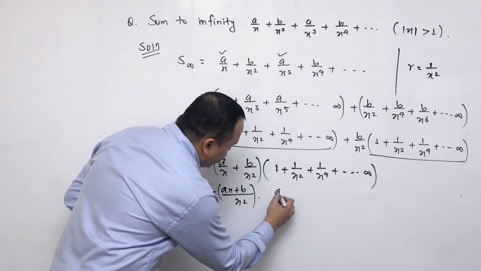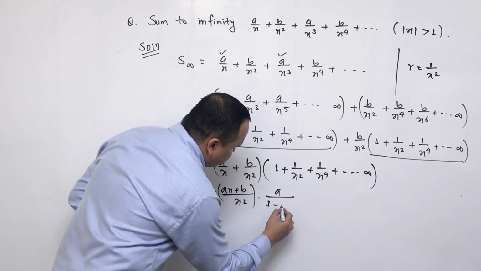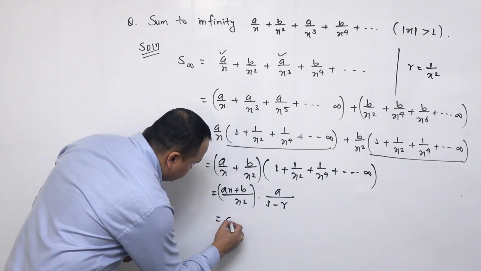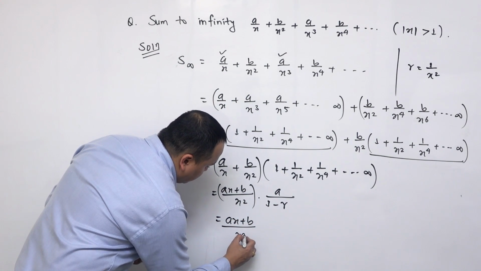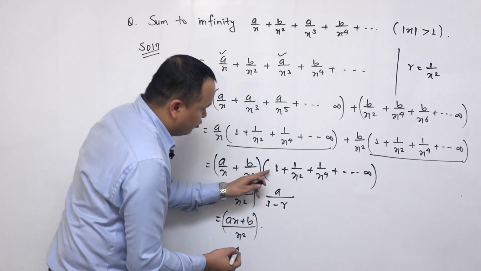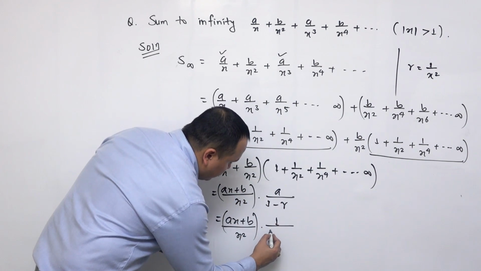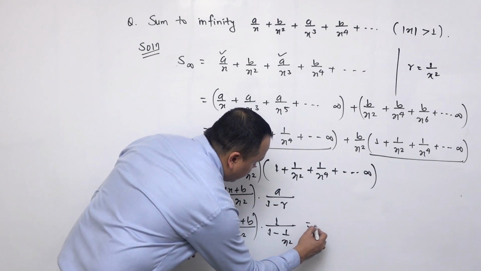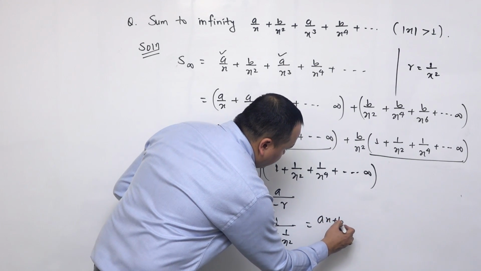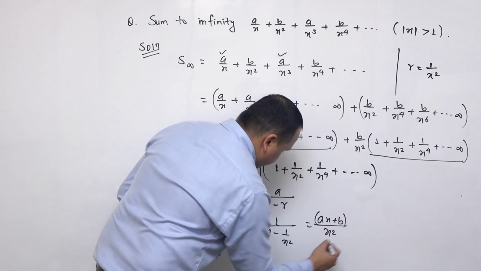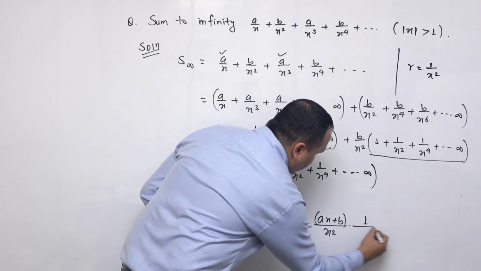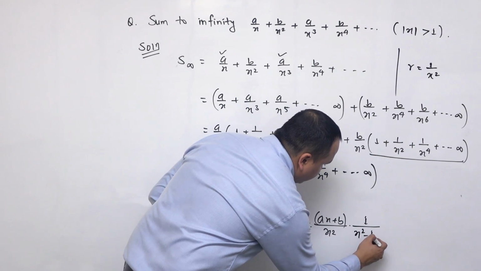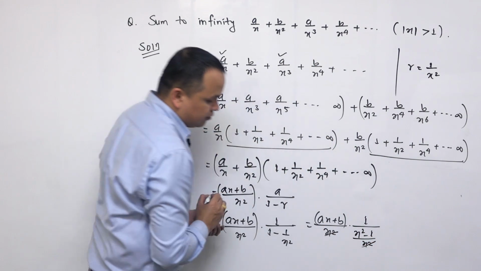So formula is a upon 1 minus r, and this is ax plus b upon x square into a is 1 upon 1 minus r, r is t2 by t1, 1 upon x square, and it becomes ax plus b upon x square into 1 upon 1 minus 1 upon x square, which is x square minus 1 upon x square, cancel.